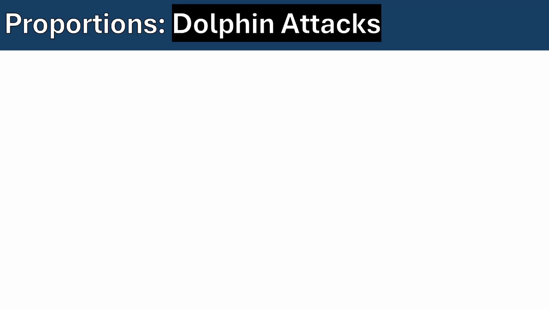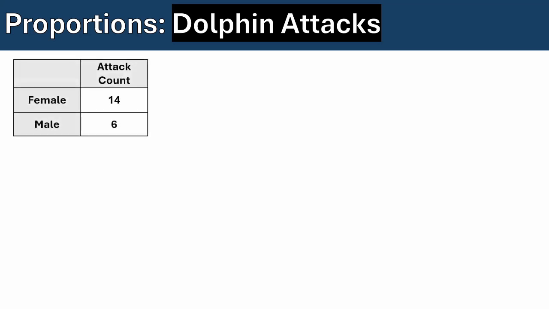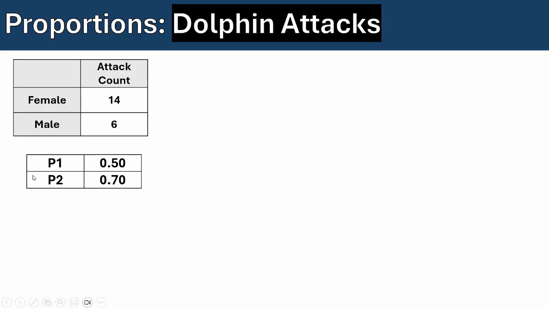Now, what I'll need for a proportion test in G-Power is 2 different proportions. They call that proportion 1. That's going to be my null hypothesis. So if there's no real difference in males versus females, I'd expect a proportion of 0.5, so 50-50 chance. And then I can calculate proportion 2, the one I'm testing against, with my data here.